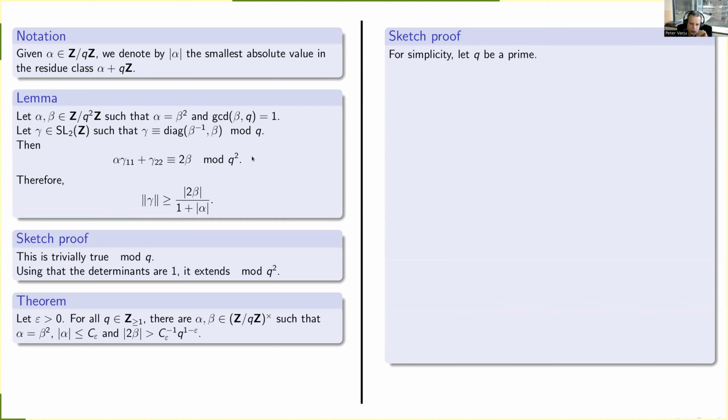And in that case, you need to give another proof that I don't want to talk about. But the proof that I'm going to explain is actually relevant to perhaps the most interesting case of this theorem. It will just be easier to think about the case when q is a prime.